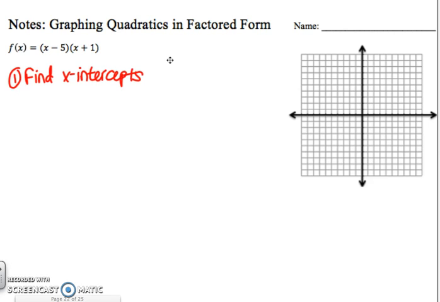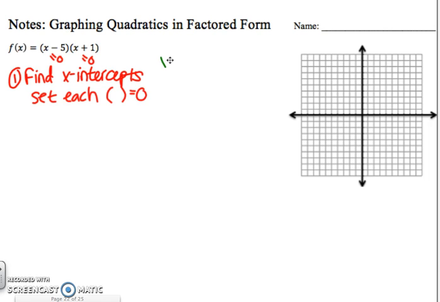So the x-intercepts, or the roots, or the solutions, are the easiest thing that you can find in factored form. So to do that, you're just going to set each parenthesis equal to 0.